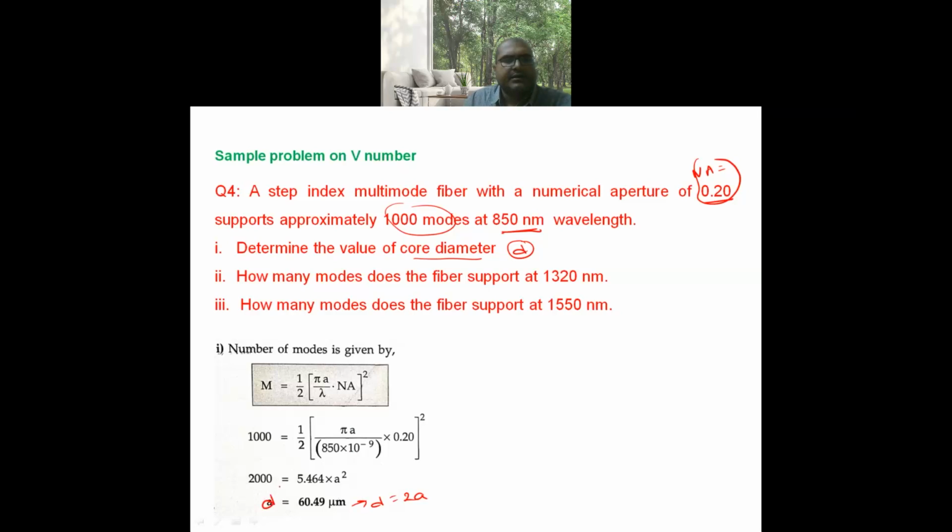Here it is d, so it is pi d by lambda. The value of d is 64.49 micrometers. If it is radius, then you have to specify 2 pi a. Here if it is diameter, then pi d by lambda into NA. So it is d.